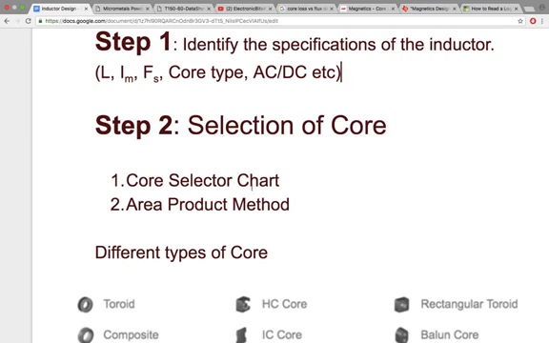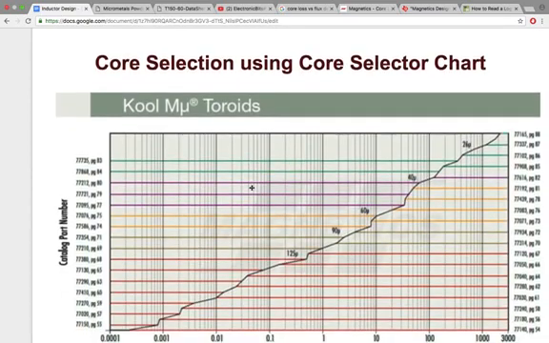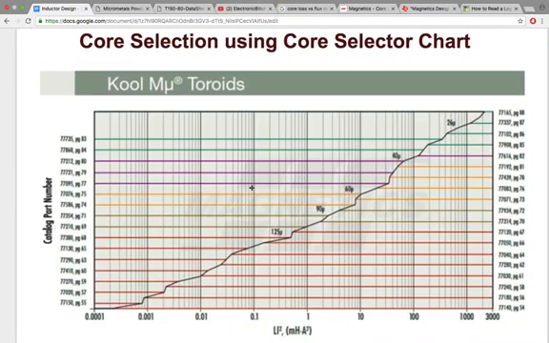How do we select the core? There are two methods generally adopted for selecting cores. The first method is the core selector chart, and the second method is the area product method. Let us take the first one, core selection using the core selector chart.